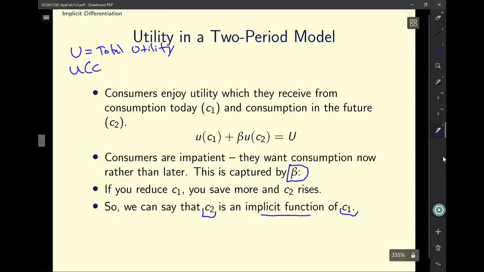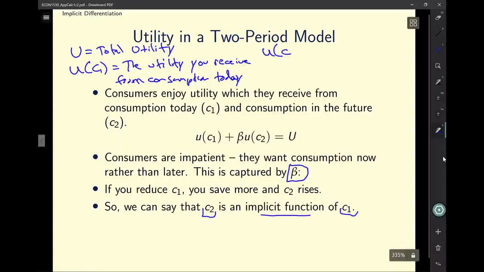U of C1 is equal to the utility you receive from consumption today. And U of C2 is equal to the utility you receive from consumption tomorrow.